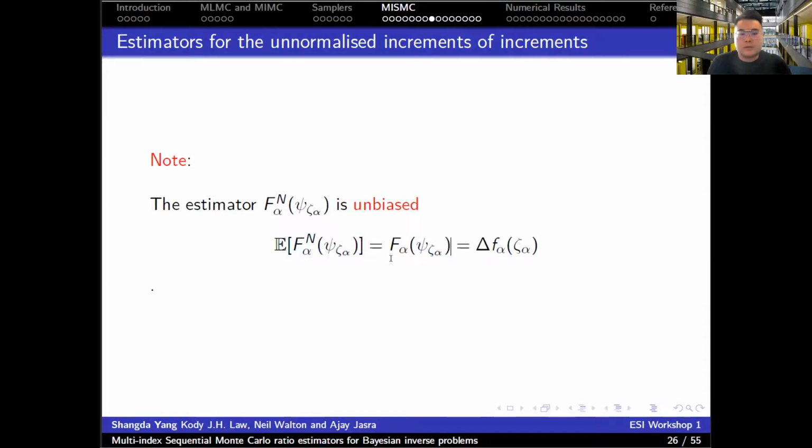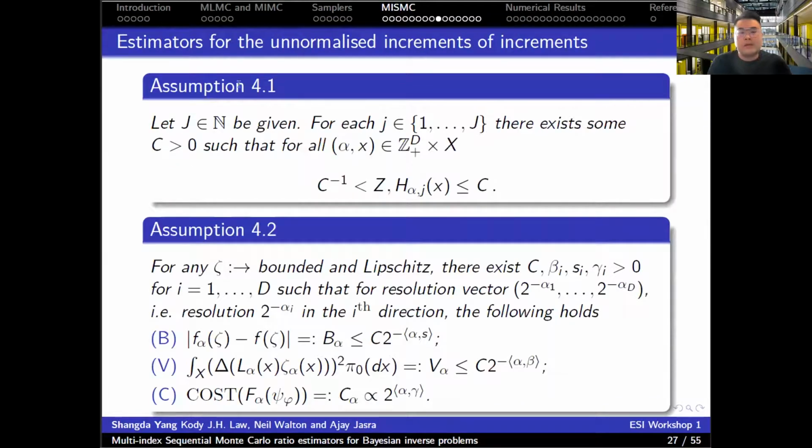So now we made an assumption that the normalizing constant is bounded above and below, and we also made another assumption. This is a kind of standard multi-index Monte Carlo assumption, but instead of considering the normalized quantities, here we require the assumption on the unnormalized ones.